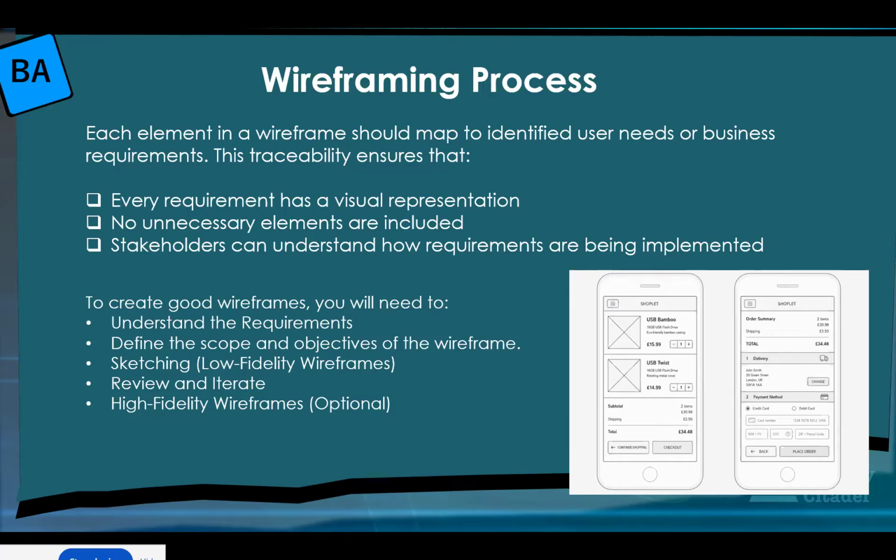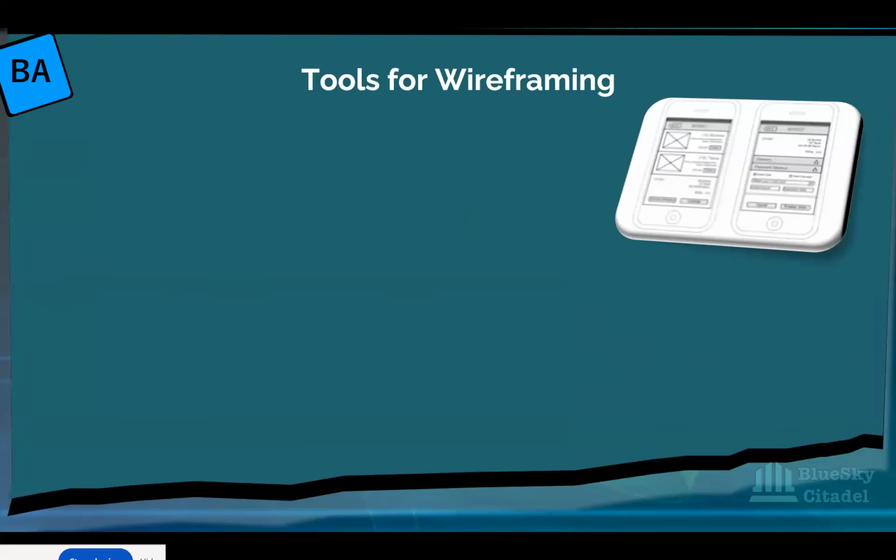Although some BAs, like for example with Figma, never say never. There's no knowledge that is wasted. So if you go ahead and learn how to use a tool like Figma that is high fidelity, more power to you. It adds more to your value anyway. But ideally, we usually just do sketches, and that's what we're going to do for this project that you're working on.